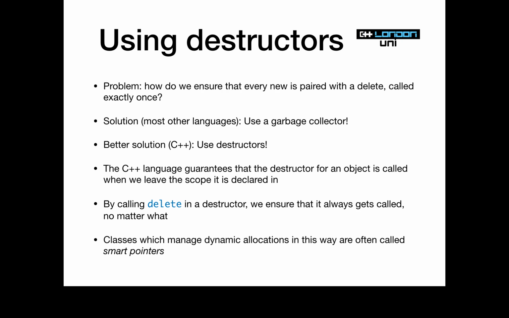And they call them smart pointers. So a pointer holds the memory address of some object. A smart pointer holds the memory address and smartly handles things like copying and destruction. Lifetime management.